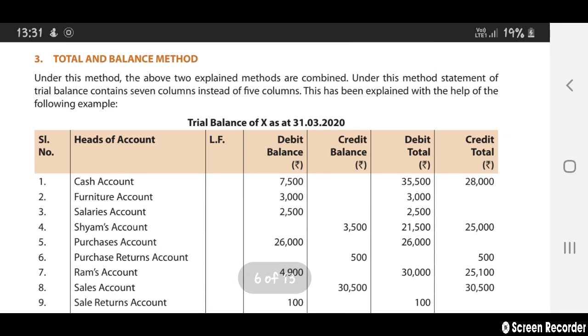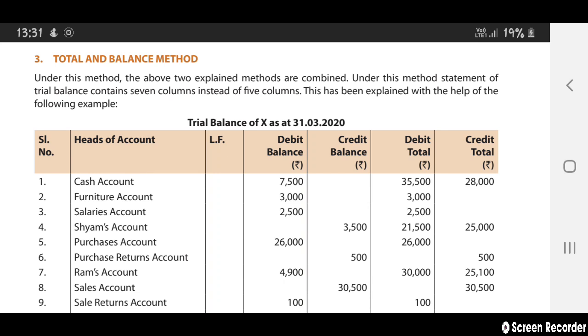Next is the total and balance method. So now you have learnt about the total method and the balance method, two methods. Now let us learn the next one. Under this method, the above two methods are combined.